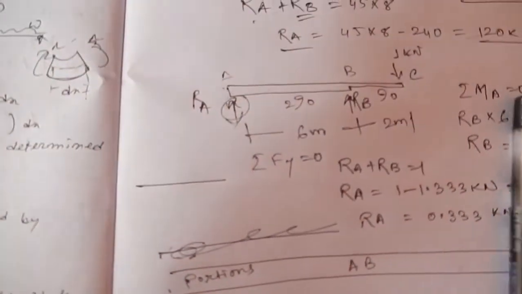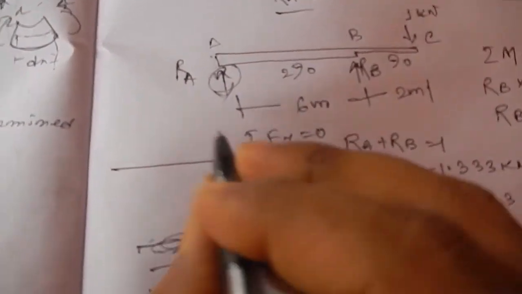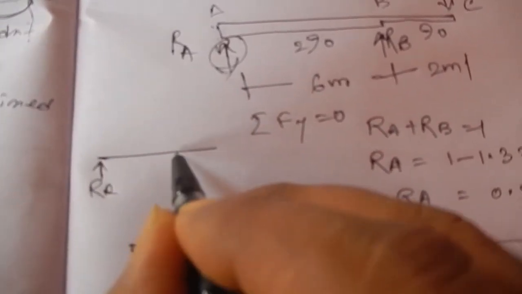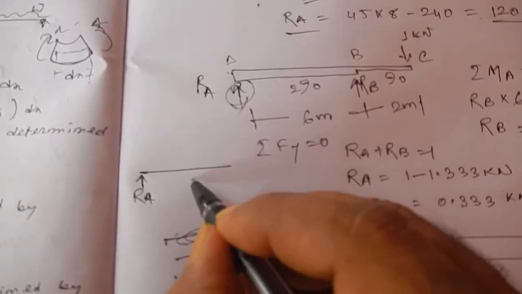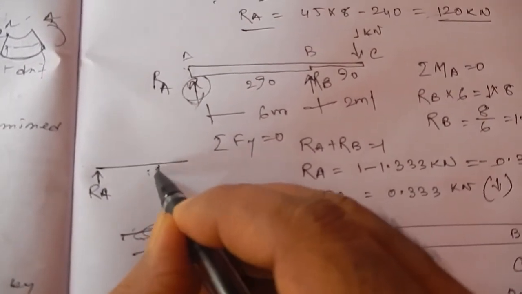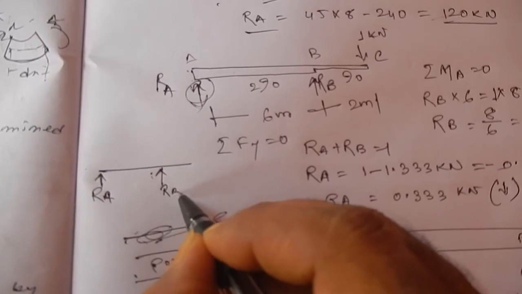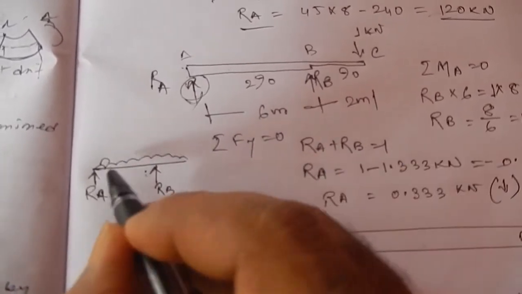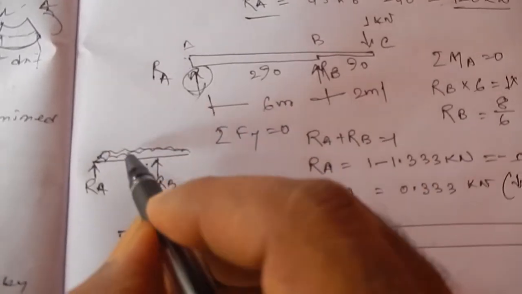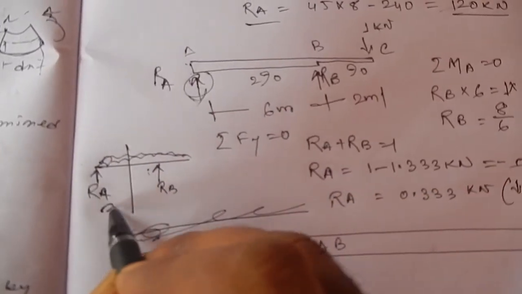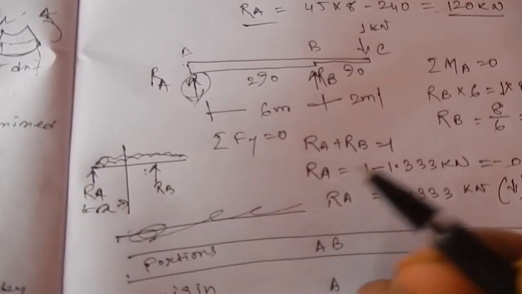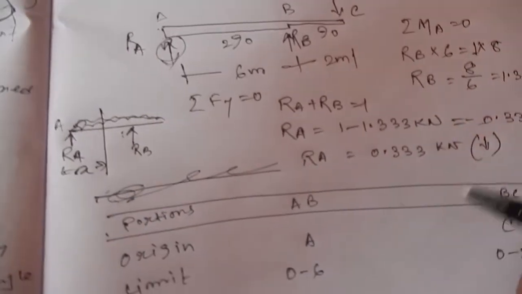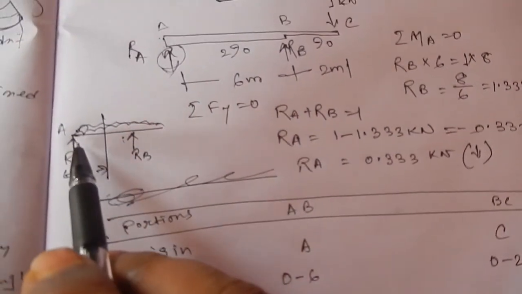For the real load, we have got RA here, RB, and some loads, right? Now if you cut any section at a distance x from A, obviously from A, because we have taken A as the origin.